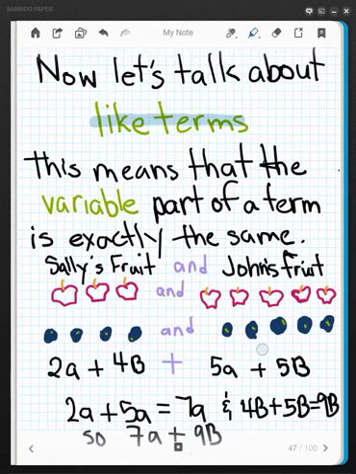So if we wanted to talk about how many apples and how many blueberries they had all together, we would say, well, Sally has 2 apples and John has 5 apples, so together they have 7 apples, right? And now let's talk about the blueberries. Sally has 4 blueberries, John has 5 blueberries, so together they have 9 blueberries. So we could say together they have 7 apples and 9 blueberries.